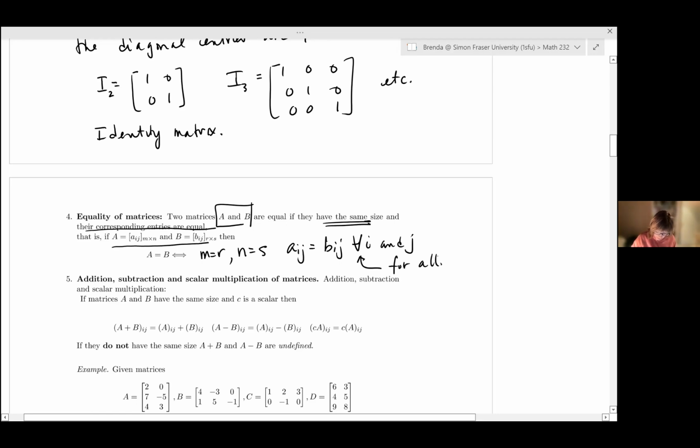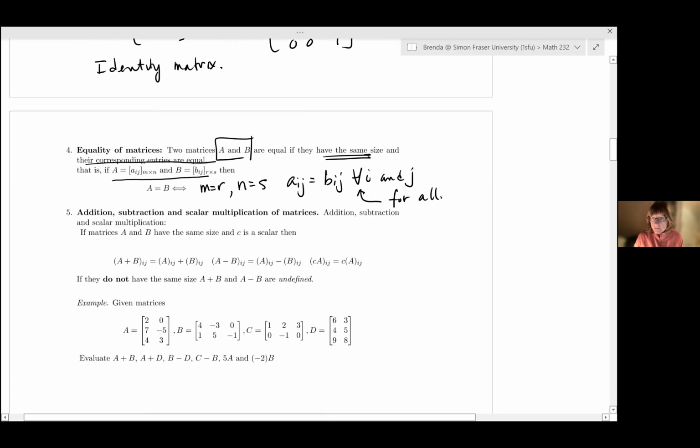So a rectangular array of numbers is a matrix, and there are some words and symbols that we use to describe the matrix itself and the entries in the matrix.